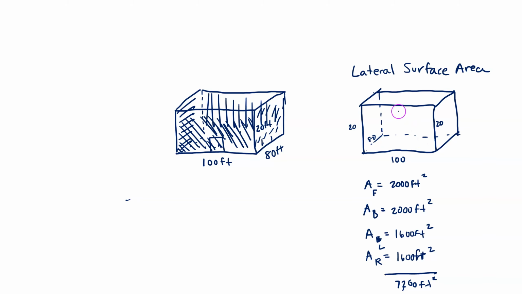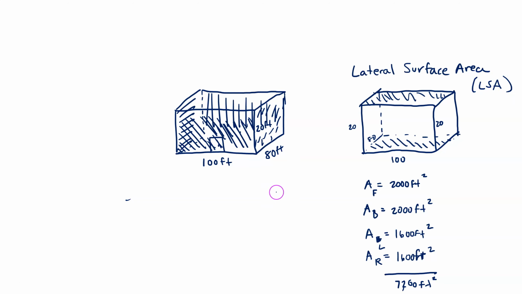And what you are doing is you're looking at a 3-dimensional object and you are figuring out what area the sides take up, excluding the bases. So this would be a base and this would be a base. And we abbreviate this sometimes LSA.